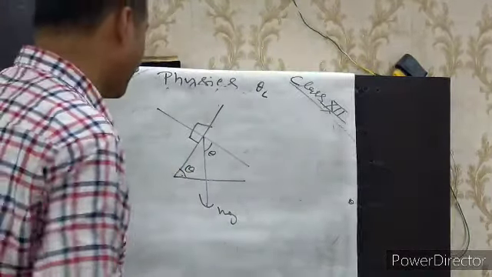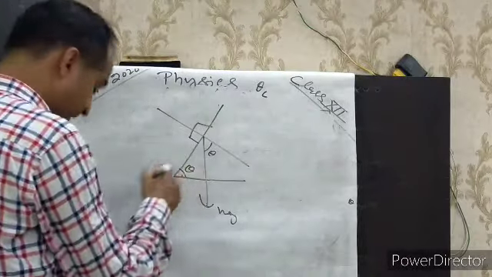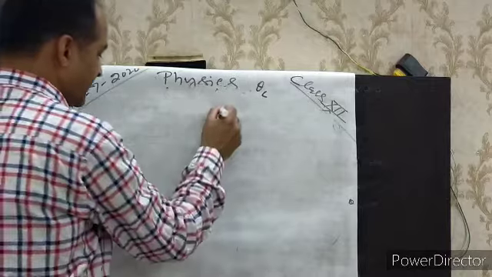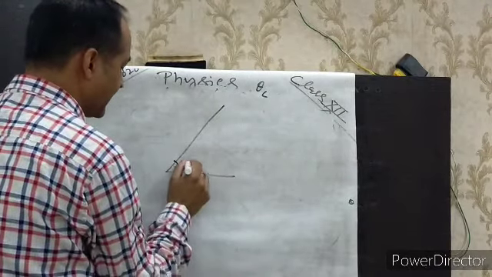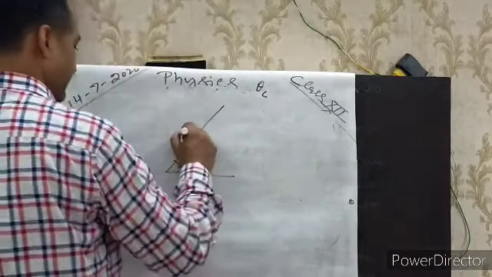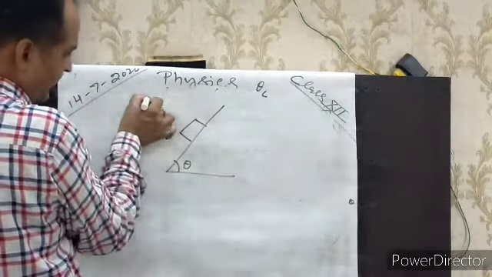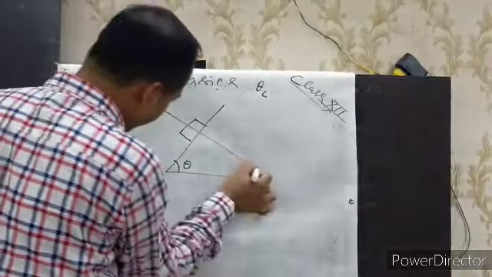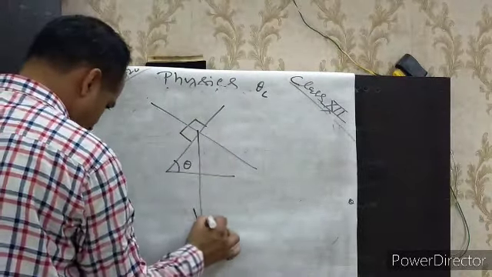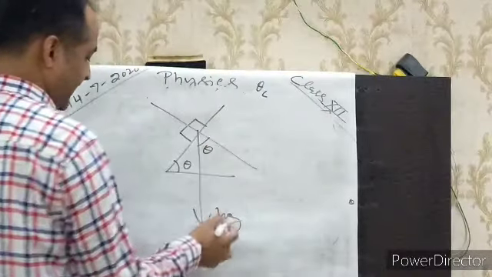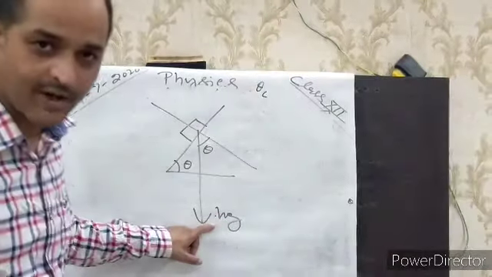So you have to remember that if this angle is theta, draw this diagram like this. This angle is theta. Then this is the block. Take two lines: one perpendicular to this inclined plane, and the second one vertical. This will be weight mg, and this angle will be theta. Now we can resolve mg into two components.